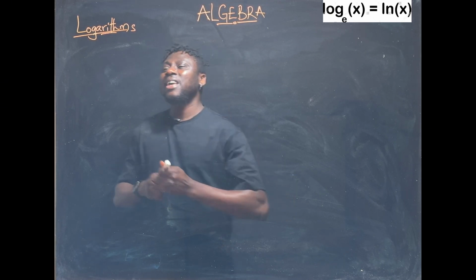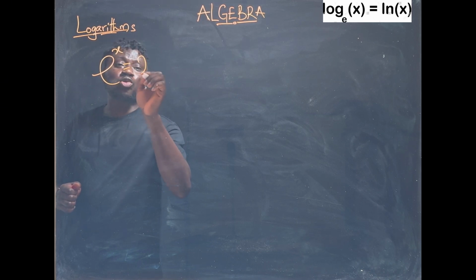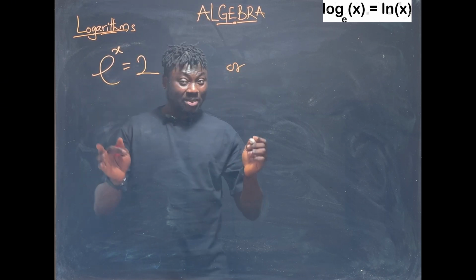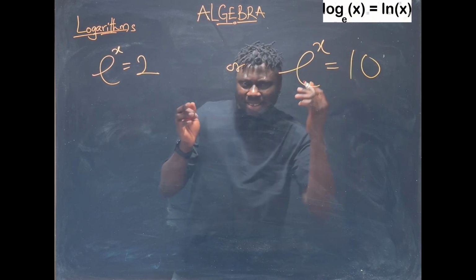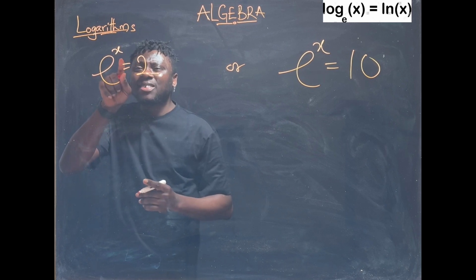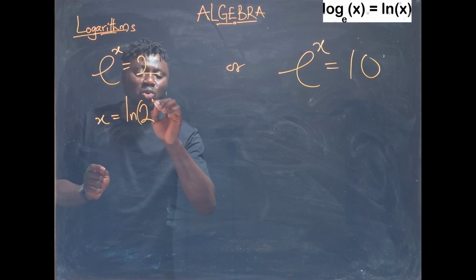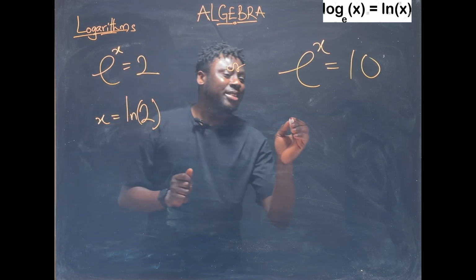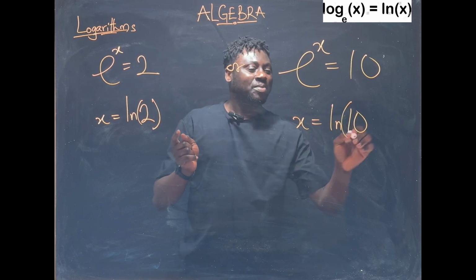For instance, if we say e raised to power x is equal to 2, or e raised to power x is equal to 10, then we can say x is equal to ln 2, or x is equal to ln 10.